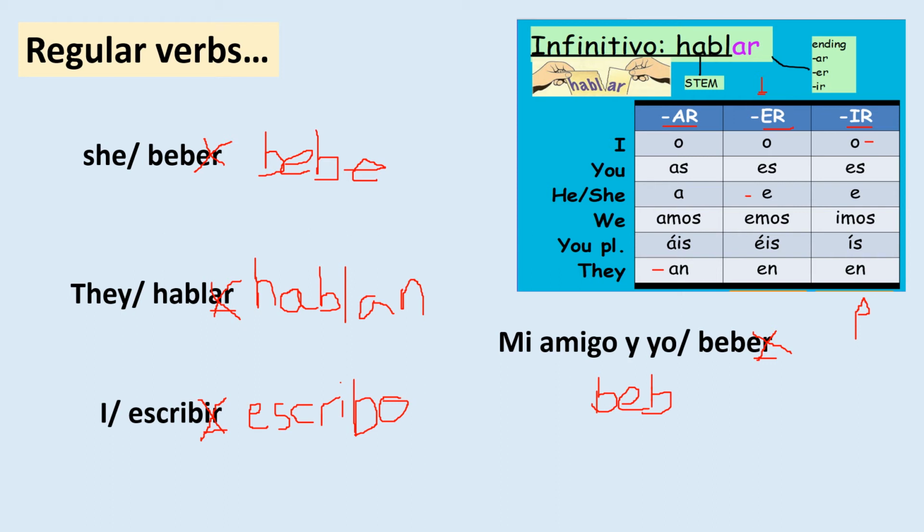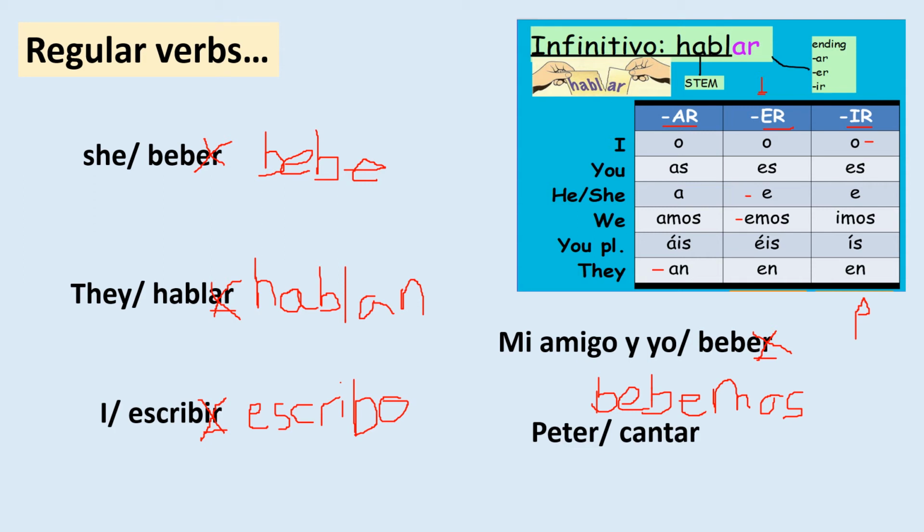So I'm going to go to the -er column and I'm going to look for the we ending, which is -emos. So I'm going to add it to my stem, and I am left with bebemos. We drink. My friend and I drink. Mi amigo y yo bebemos.